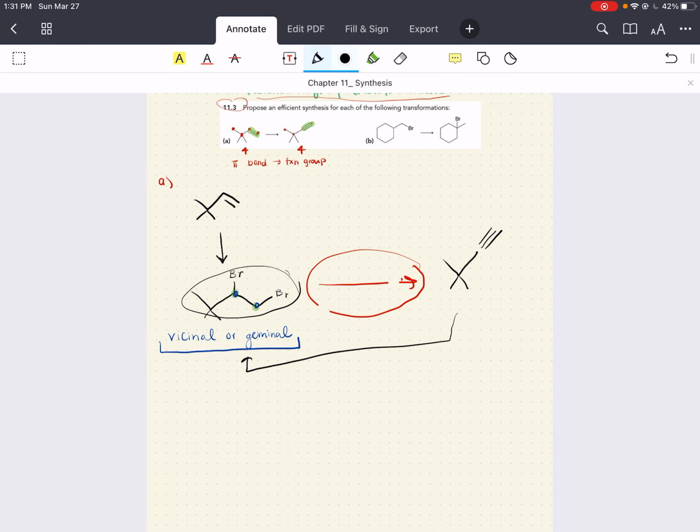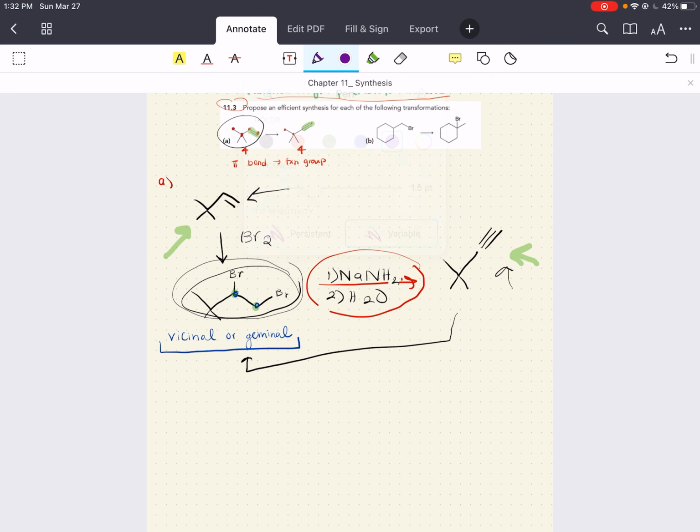And then you can ask, how did I get those two halogens from my starting material? Oh, I know how to do this. I can halogenate my double bond, and you would end up with the same result this way as well. So you can work from the start to the end, or you can work from the end to the start, whatever makes more sense to you.